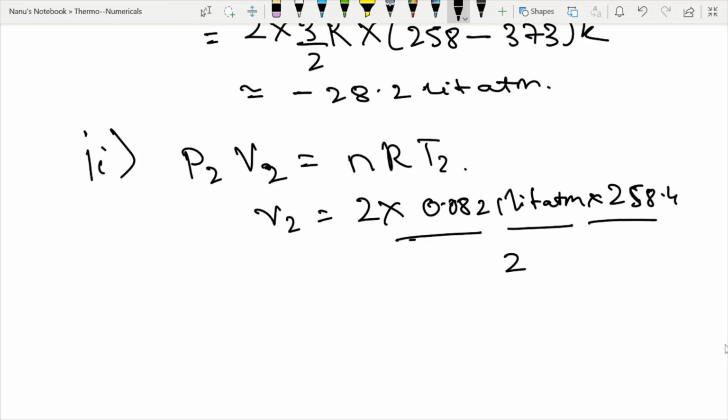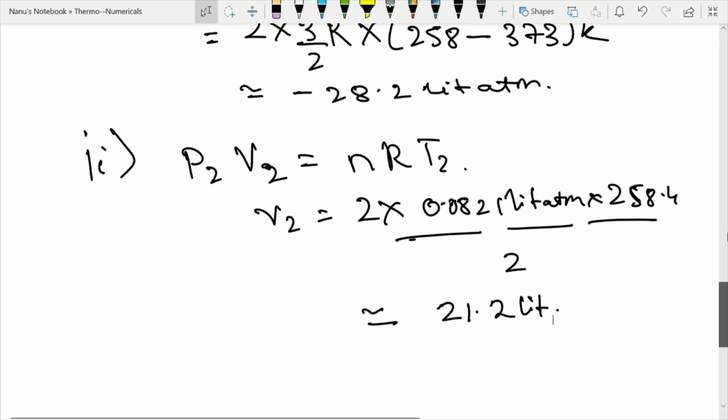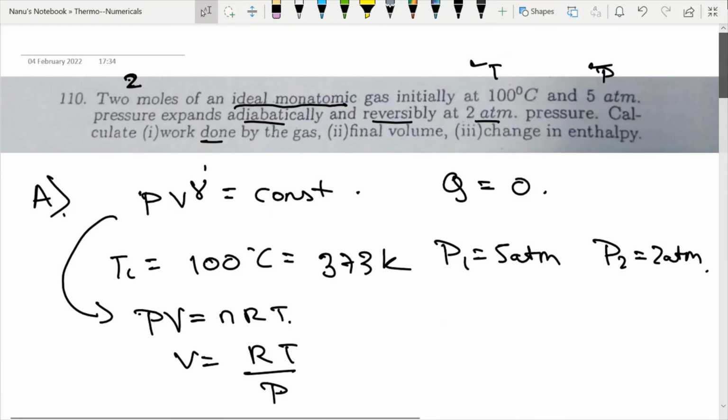P2 was 2, I believe. If you do this, the answer will be around 21.2 liters. Just check the value of P2 once, I forgot the value that was given. P2 is 2 atmosphere, right?